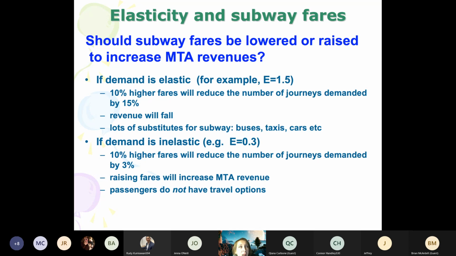But okay, so we're thinking about this difference in price of $2.75 versus $3, about a 10% change in price. What if the price of MTA was $10, and we're thinking about moving it up to $11? So that's another 10% change in price.